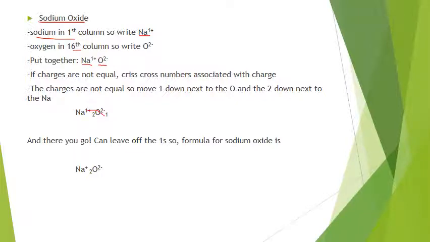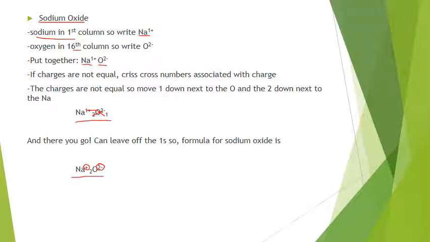So bring the 1 over here and the 2 over here, and then that's your formula. Na2O1. And just like in math, you can leave off the 1. And like I told you, I prefer that you leave the plus or 2 minus on, especially when we get into the next material. So hopefully you see how to do that.